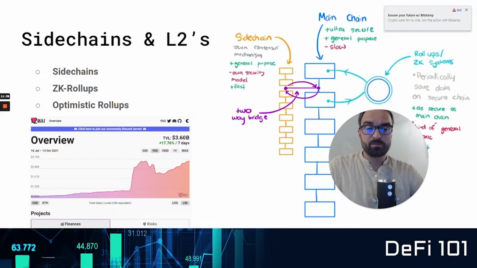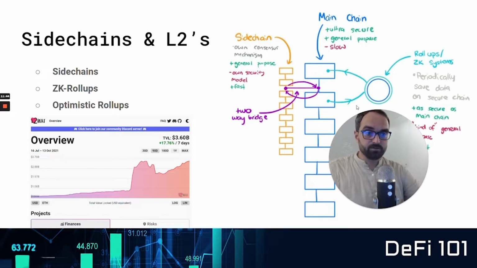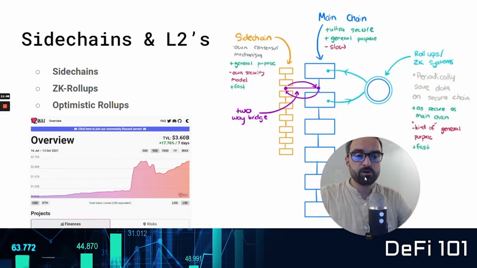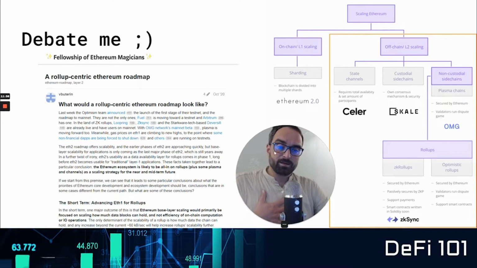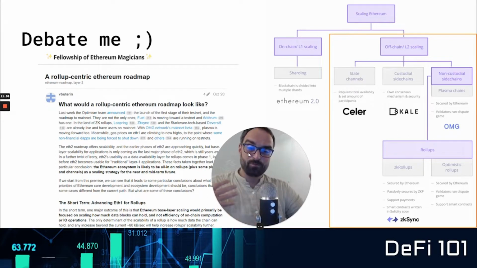If you're just doing maybe a simple NFT exchange or whatever, do you really need layer 1 security? Probably not.